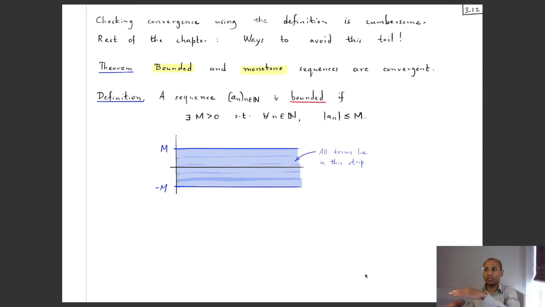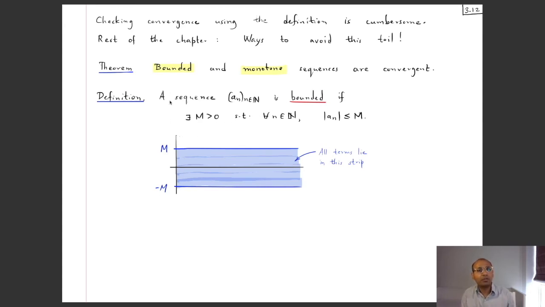So all the terms of the sequence lie in some strip. That's roughly what bounded means. And monotone just means that the terms of the sequence are either always increasing or always decreasing. So that's a theorem that we'll soon learn. But towards that goal, we will now start learning what bounded means precisely and what monotone means precisely, and then we'll prove this theorem.